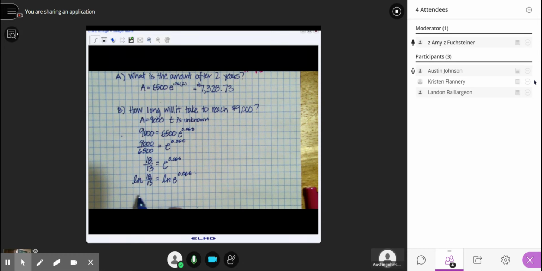Then I'm going to use my laws of logarithms to expand this and bring the 0.06t out front, times my ln e. And just like before, ln e is just a way of writing 1.